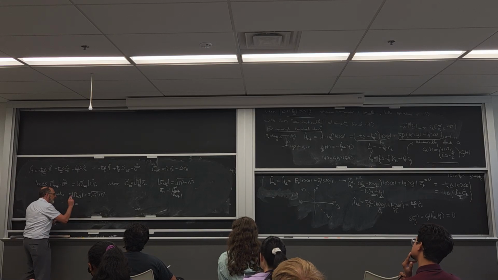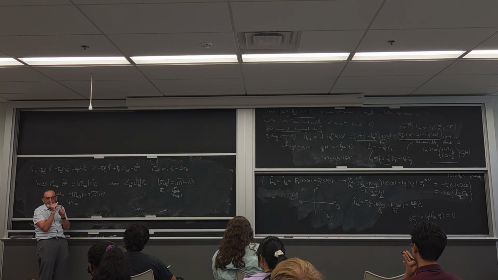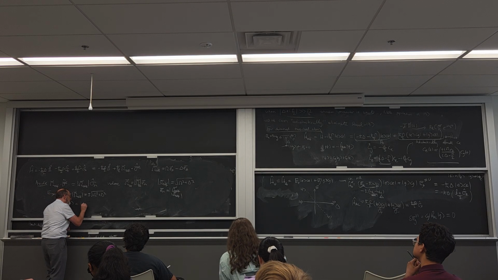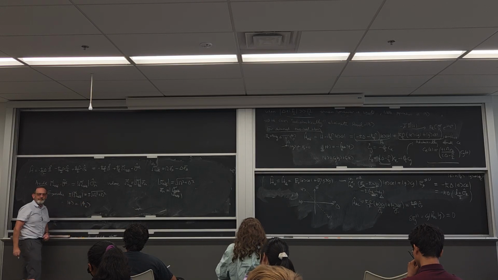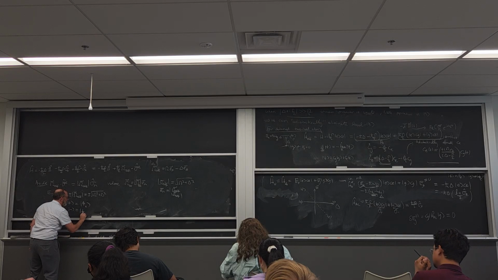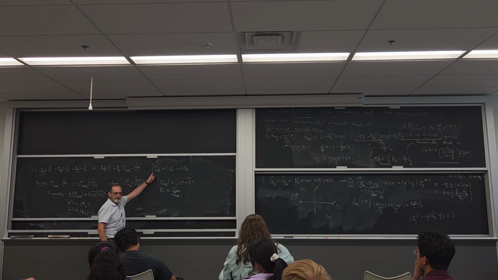Right, it's spin up. The Bloch vector is a little different. The Bloch vector is a vector in space. This is a vector in Hilbert space. So it's spin up along that direction, and minus is spin down along that direction, where that direction is the direction of this vector.